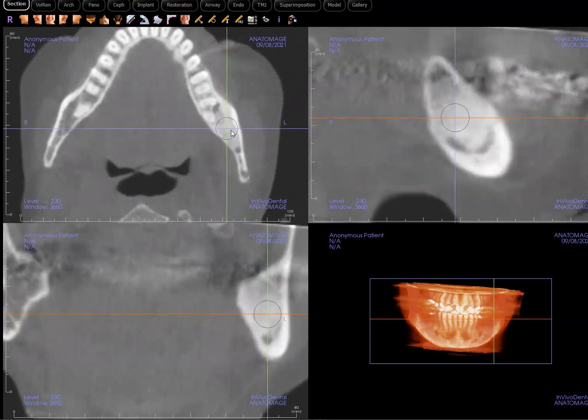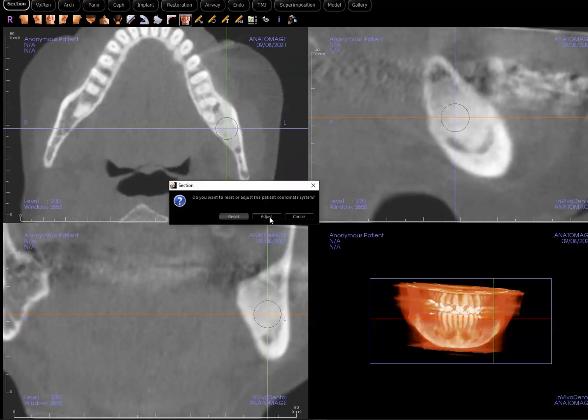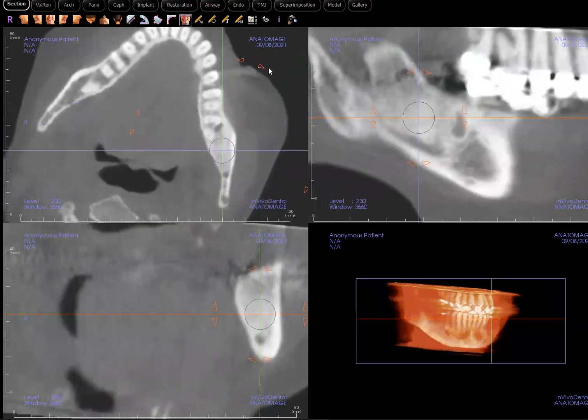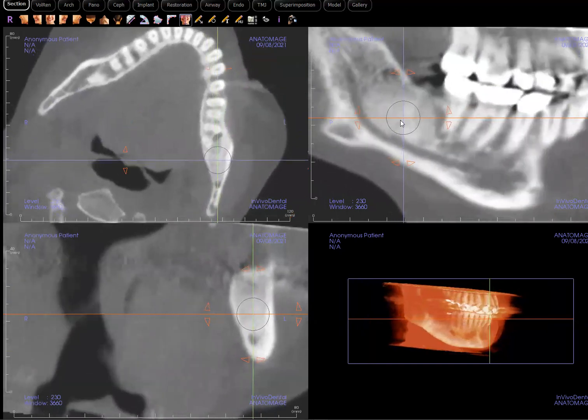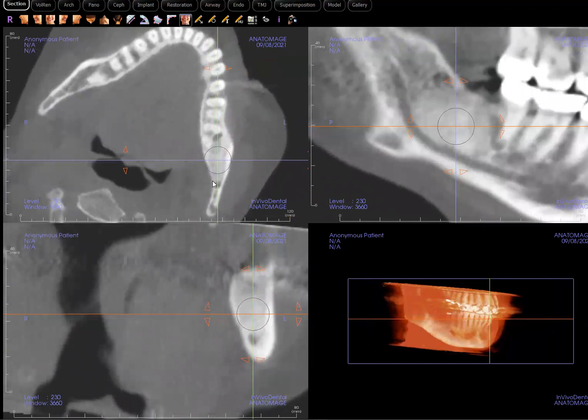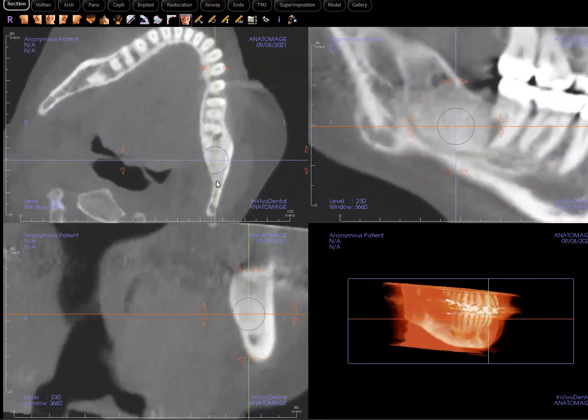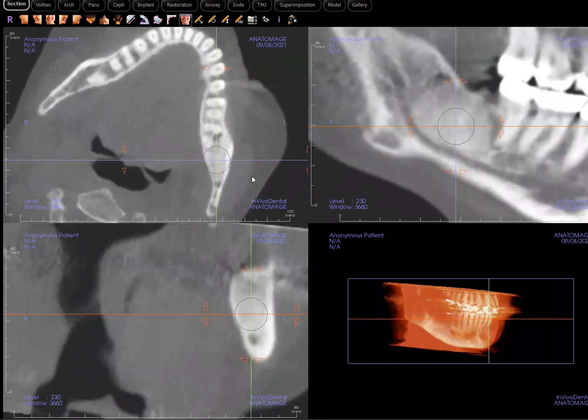It's not because this area has healed with irregular bone density, but rather I would suggest that this area has been grafted after its initial surgical exploration and intervention.